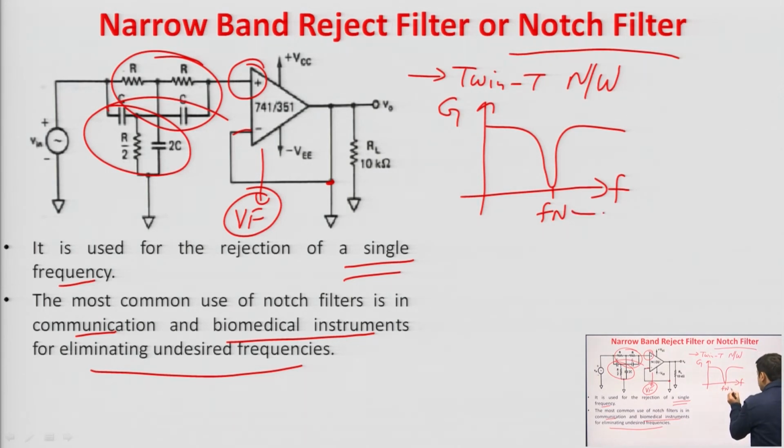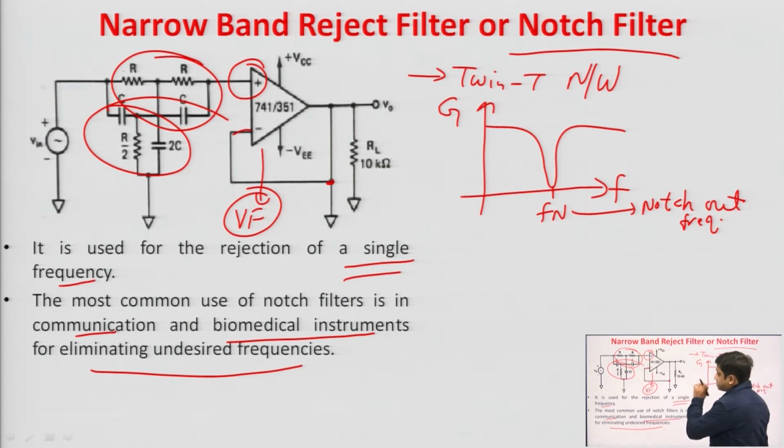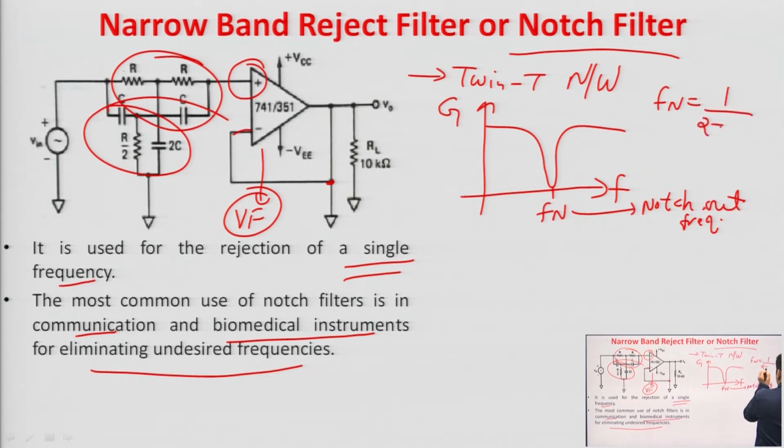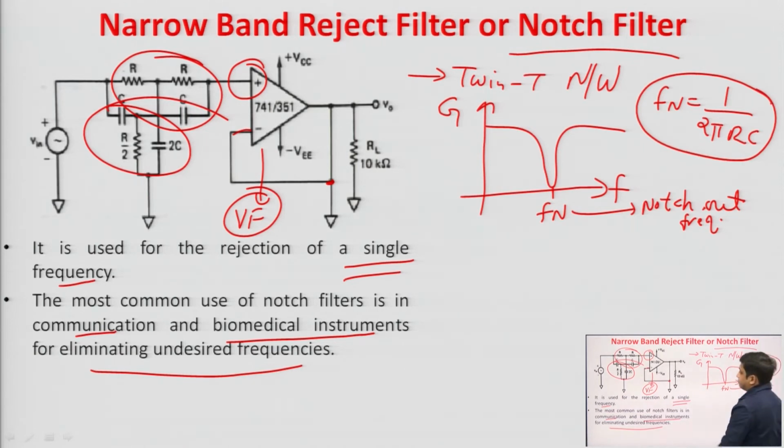This Fn is called the notch out frequency, and for this notch filter, this notch out frequency Fn is equal to 1 upon 2 pi RC, where R and C are the resistor and capacitor that is connected in the circuit.